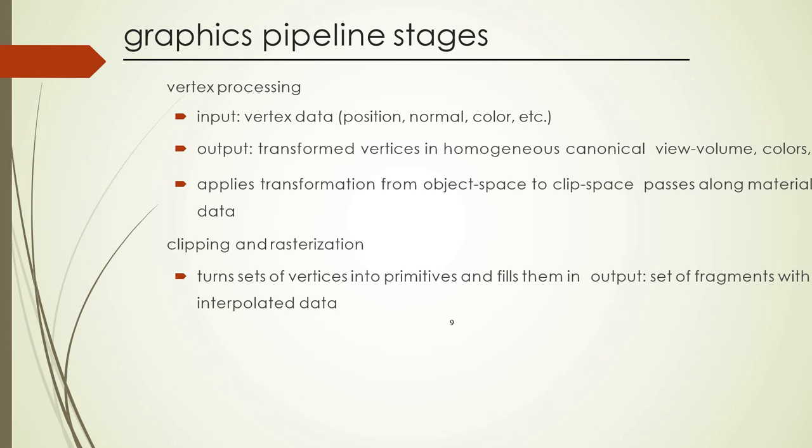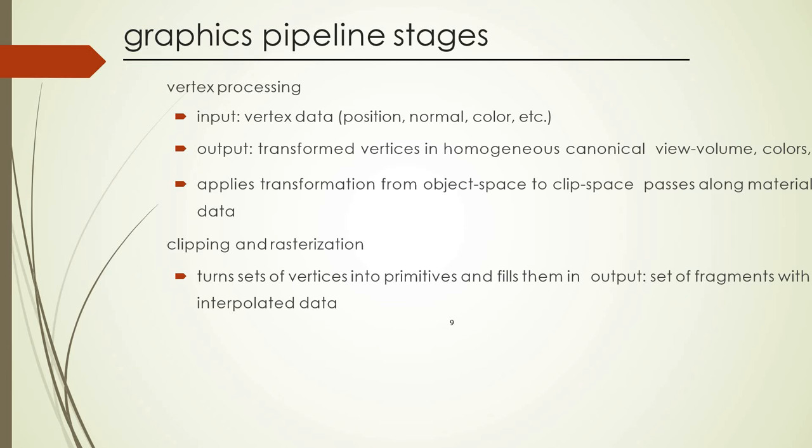So what is this vector processing? Vector processing has the input as the vector: the position, normal or color. The output is the transformed vector in homogeneous coordinates, applying a transformation from the object space to the clip space, passing along the material data. Clipping and rasterization turn the set of vertices into a primitive and fill them in.